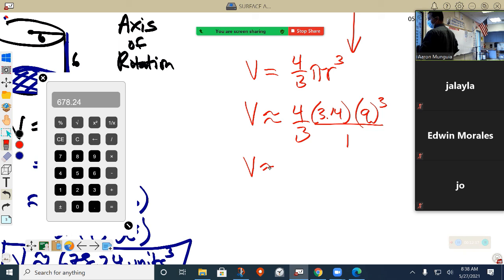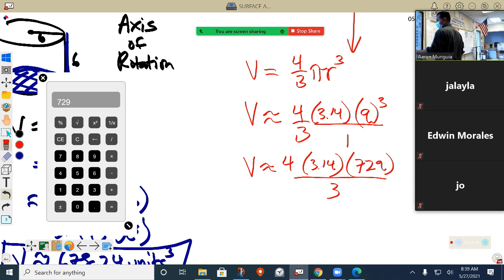So the volume then is approximately 4 times 3.14 times 9 to the 3rd power. 9 times 9 times 9, 729, over 3. So far, so good.